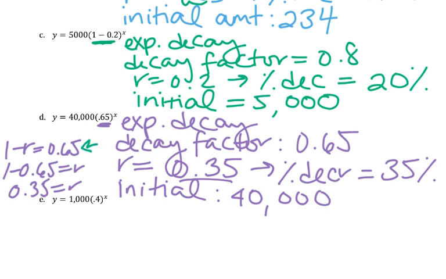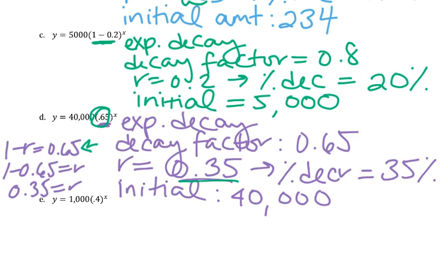I did that right here. So 1 minus R, we know this part, is equal to 0.65. Subtract 0.65 from both sides and add R to both sides. You get R equals 0.35. So if our R value is 0.35, we convert that to a percent. We know the percent decrease is 35%, and our initial value is 40,000.